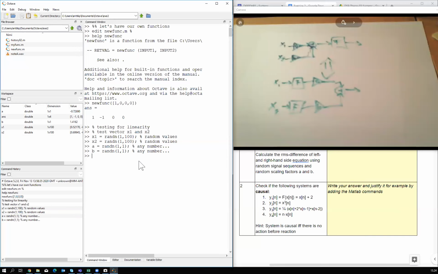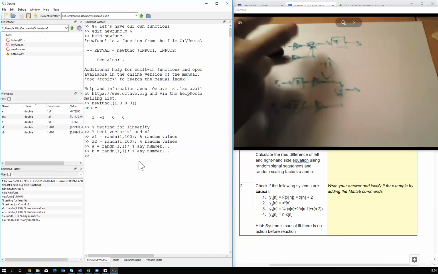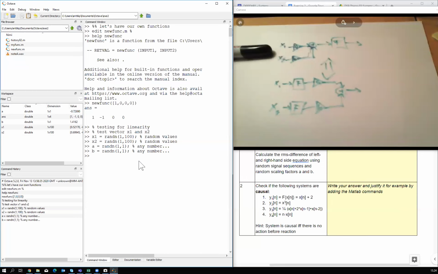So basically, let's calculate first this upper part.